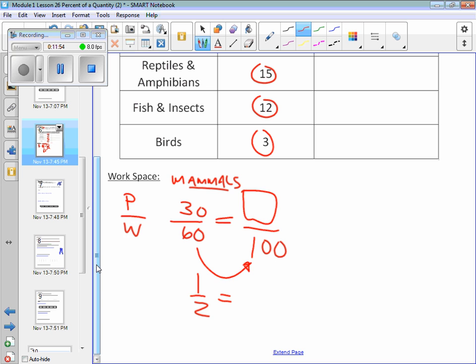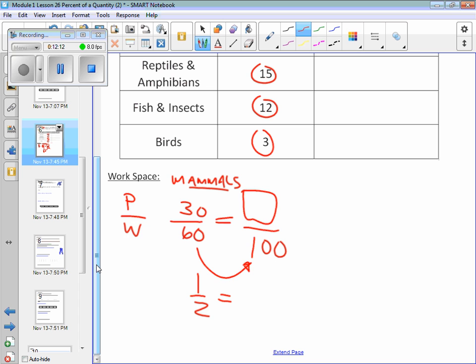Just say it. 50%. It falls into your fraction family as a fraction that you should know the decimal equivalent, which is 0.5, and the percent equivalent, which is 50%. And there's others in the fraction families too, which we'll get to.